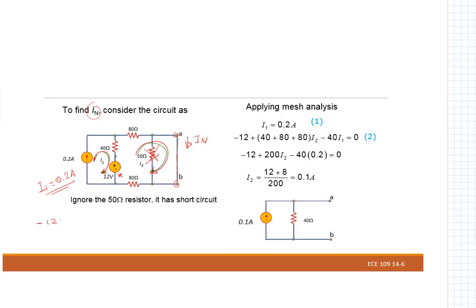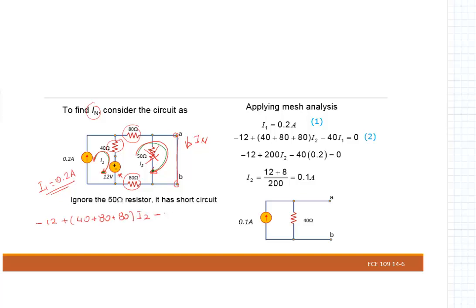we're gonna have negative 12 plus 40 ohms plus 80 ohms plus another 80 ohms times I2. So we have here 40 plus 80 plus another 80 ohms times I2.